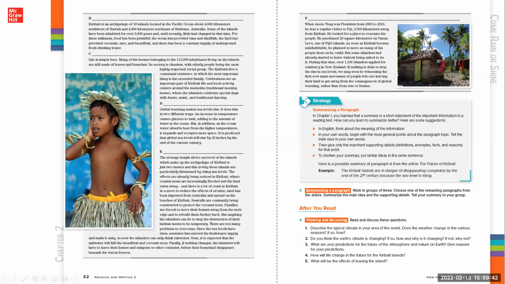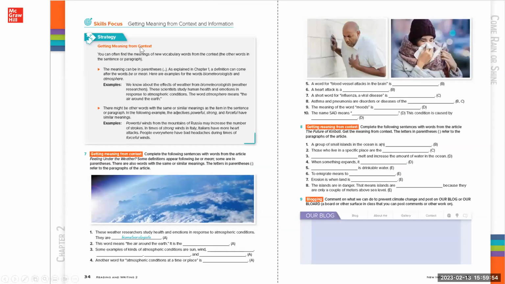So again, transposing the information from the reading text so that they can use that information themselves. They've internalized it, they've understood it, and then they re-express it in a different context. Okay. And again, some more skills focus, this was the one: getting meaning from context and information.